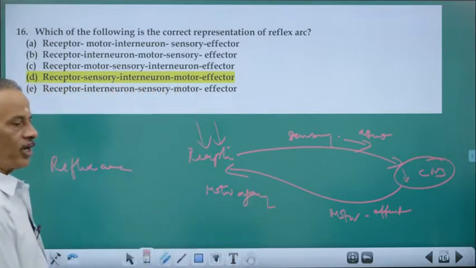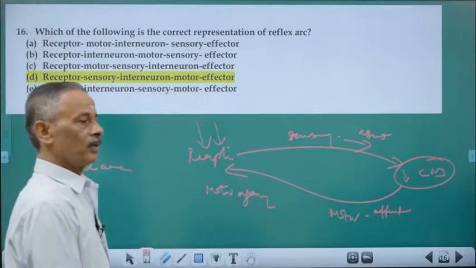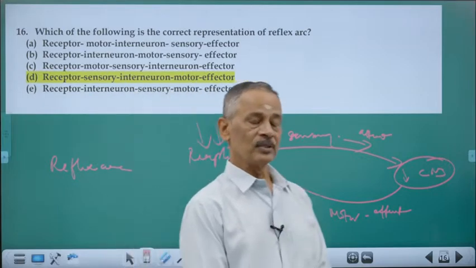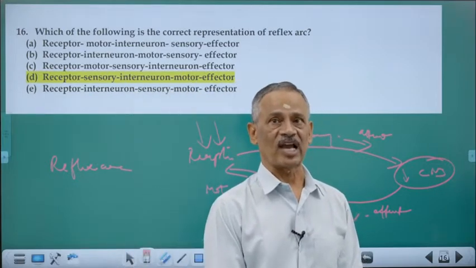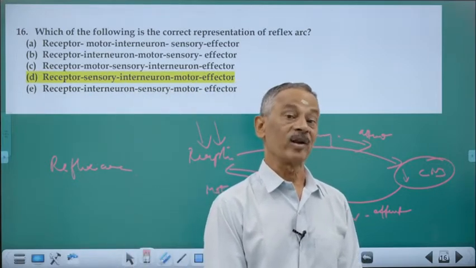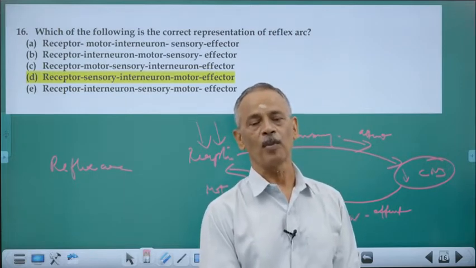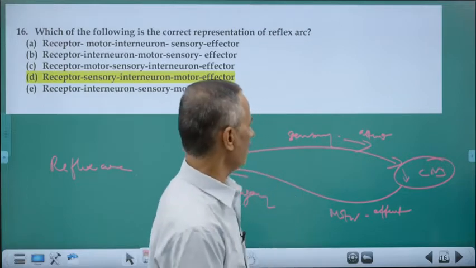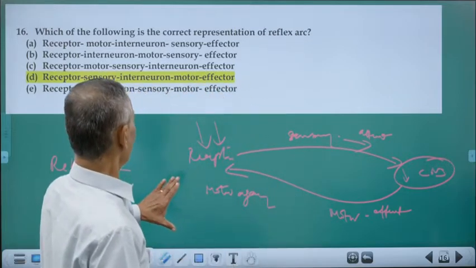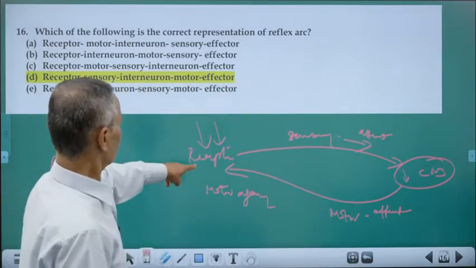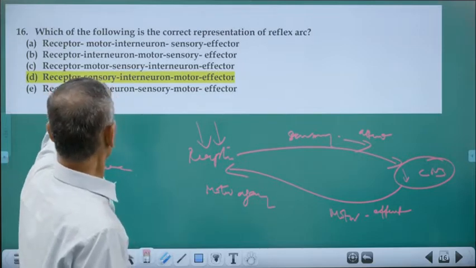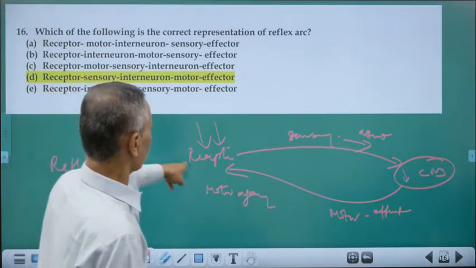This is the route taken by the impulse in bringing about a reflex action. This is called the reflex arc. The neural elements involved in bringing about a reflex action are called the reflex arc. So you should have a receptor, then a sensory neuron, that should be the order.